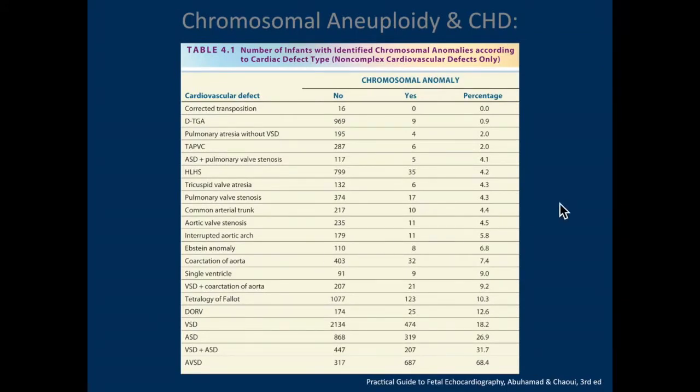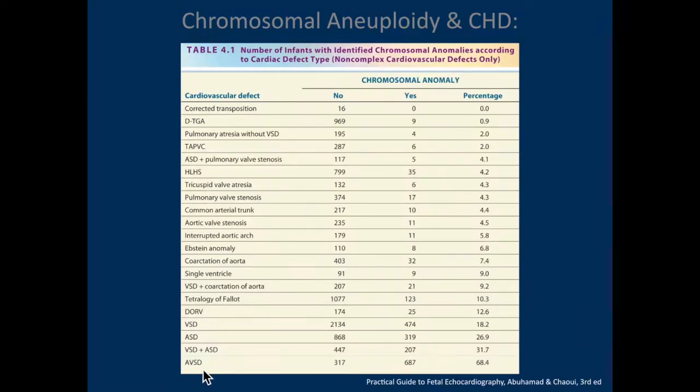Now, if you look at the specific cardiac lesion, and again, this is a great guide from Alfred's textbook, the association of chromosome aneuploidy with congenital heart disease again differs by lesion. Kind of similar to the slide I showed you a few slides ago, but really looking at all of the specific lesions. Really down at the bottom, we have the ones that are very strongly associated with an underlying chromosomal abnormality.